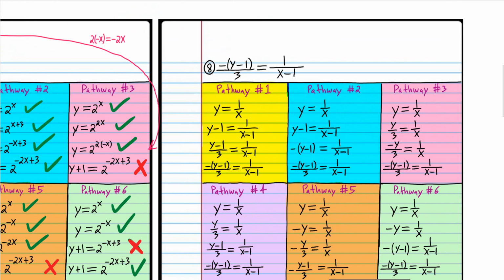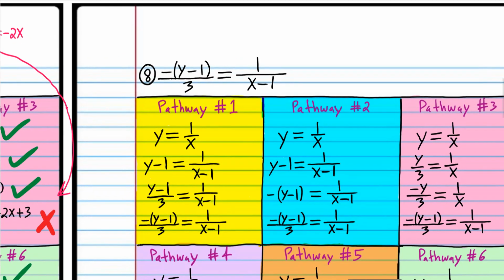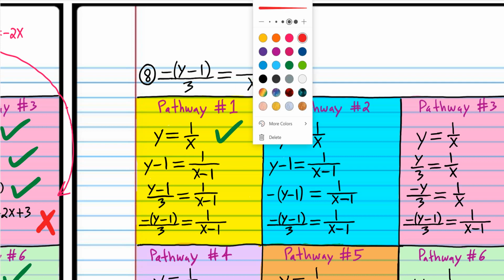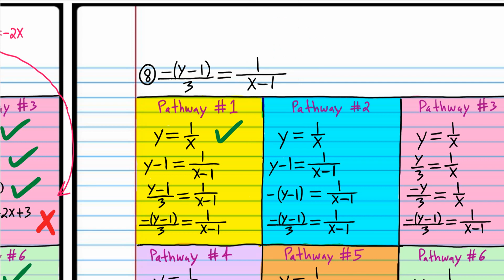All right, we're back. So the parent equation is 1 over x because we have a variable in the denominator. So we have the right parent equation. Then we're going to change y to y minus 1 and x to x minus 1. The transformation properties tell us what to do in that situation.